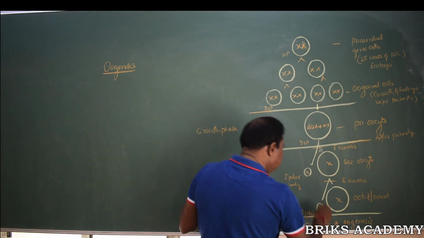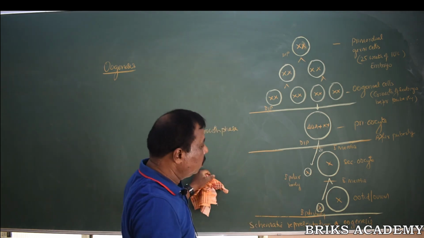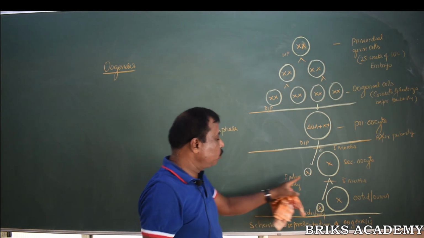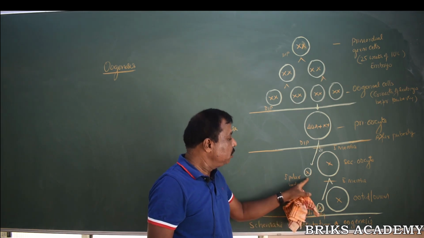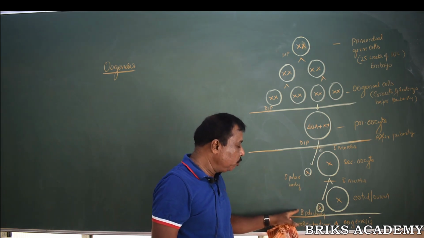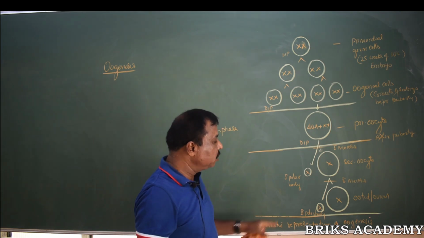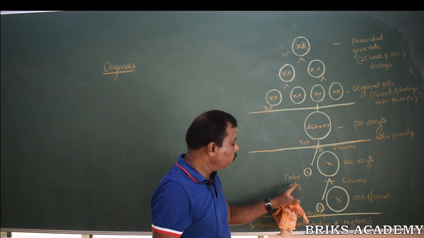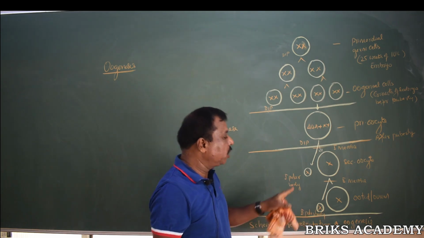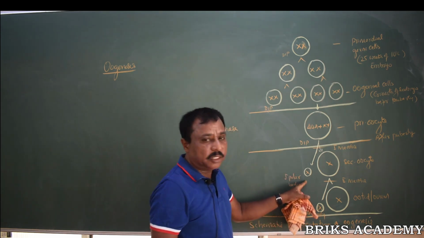In the majority of vertebrates, including humans, the first polar body undergoes disintegration, whereas in other animals it divides to produce two polar bodies. In humans and vertebrates, the first polar body does not undergo second meiosis, it disintegrates.